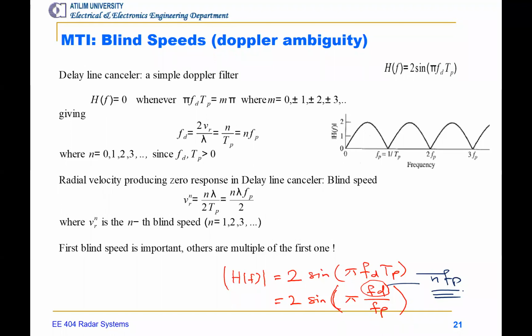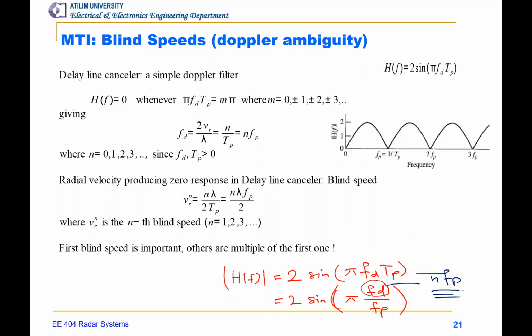But actually we have one. Why? Because the Doppler shift is equivalent to the PRF. PRF is a non-zero parameter, which means that there is motion, a moving target, but the Doppler shift of the target is equivalent to the PRF.